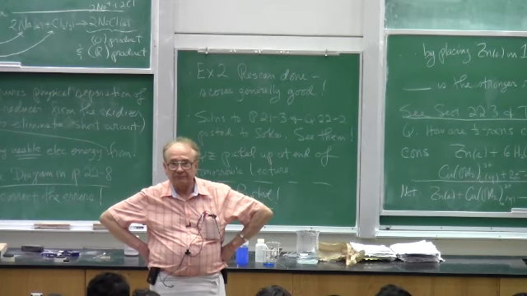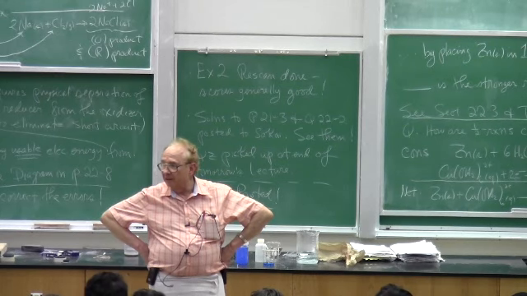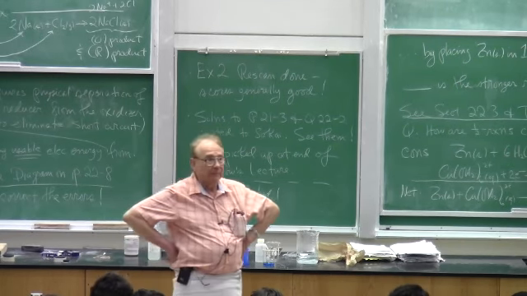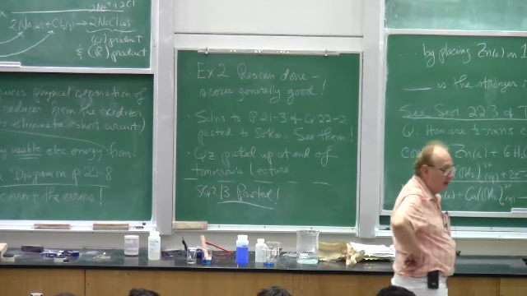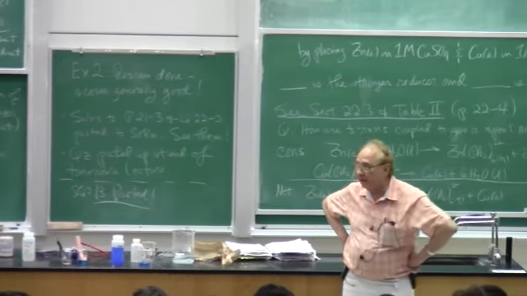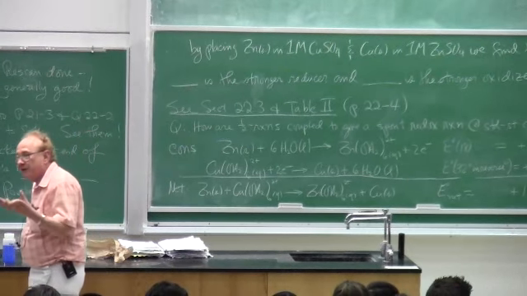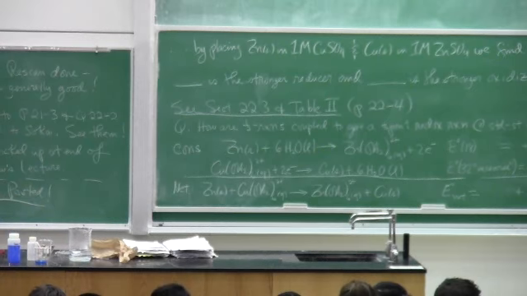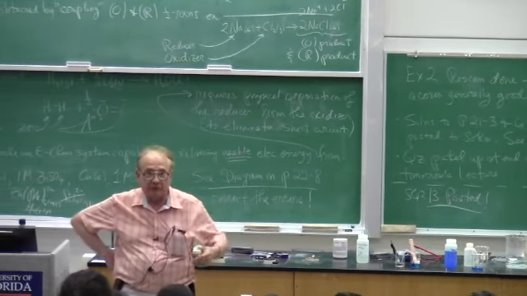Okay? So it follows then that for our table 2, the weakest oxidizer in our table is the conjugate oxidizer of the strongest reducer. Well, we just identified the strongest reducer as lithium. So the weakest oxidizer in our table must be Li+ (aq).